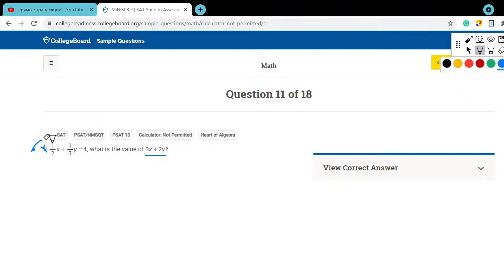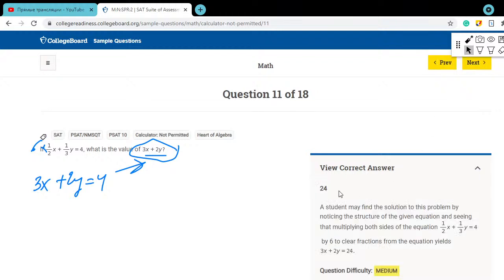I multiply by 6, I will get 3x plus 2y equals 4. This is exactly what we needed. Now, nothing to do more. Oh, I forgot to multiply the 4 by 6. It's 24. Such a mistake.